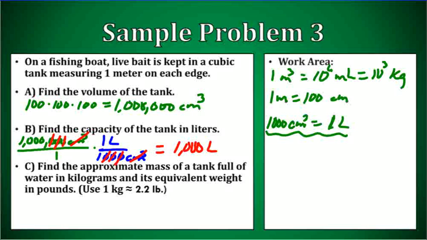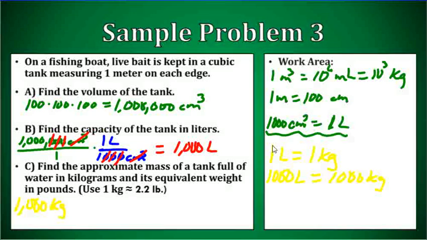And C, find the approximate mass of a tank full of water in kilograms and its equivalent weight in pounds. Use 1 kilogram is about 2.2 pounds. We're going to use 1 liter is the same as 1 kilogram. And since we have 1,000 liters, that would be 1,000 kilograms.